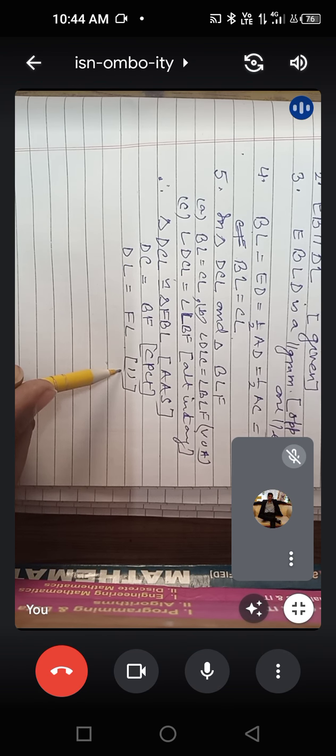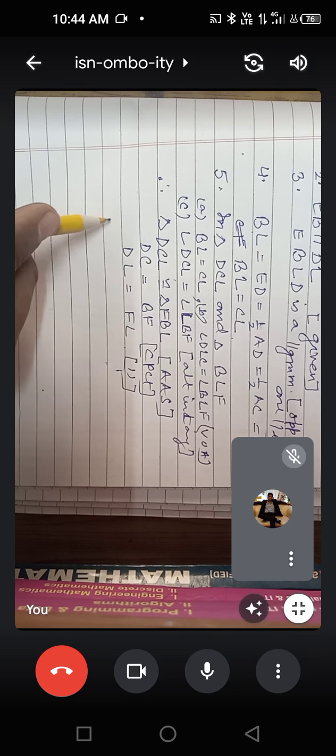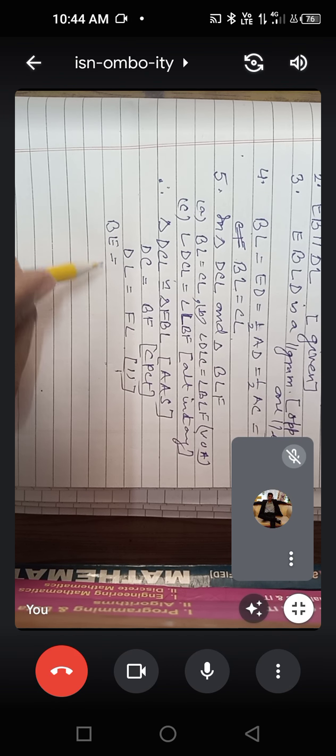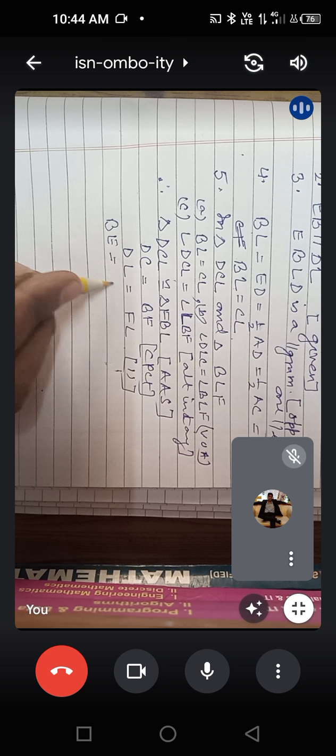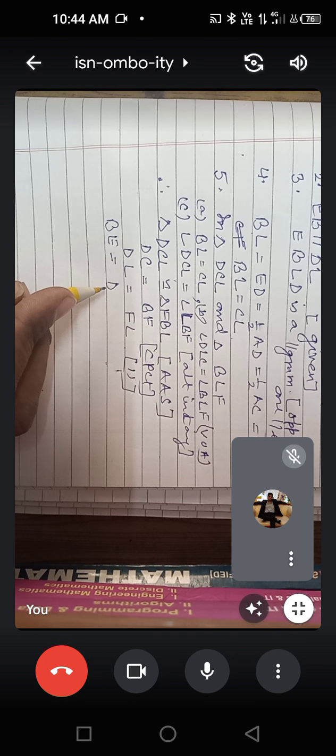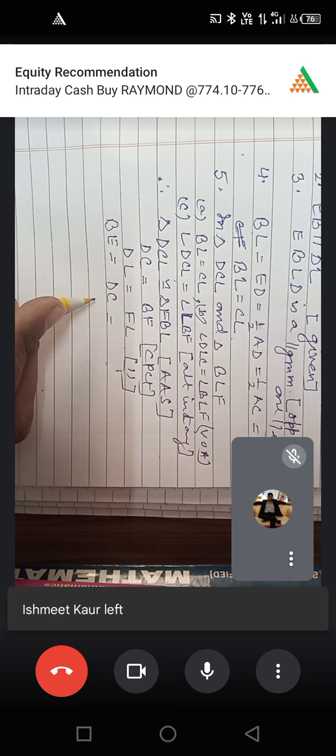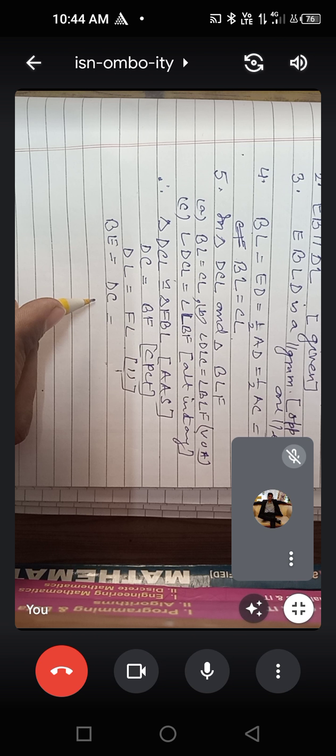Now if both of them are equal, then you see BE is equal to DC is equal to AB.